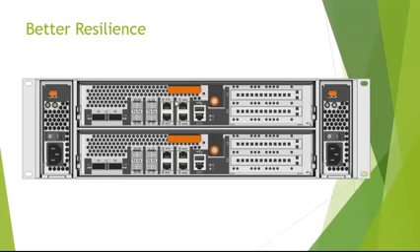So this is the back of a standard Netapp, and what I want to show you is the resilience that's built in. So we look here, we have dual power supply. In the event of a single power supply failure, the other power supply can run the whole system. Now they're shown in orange. Orange means it's hot swappable.